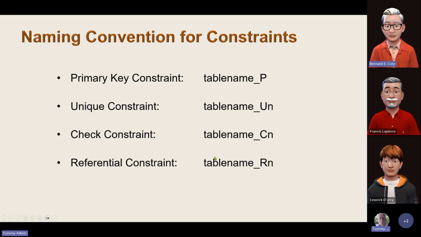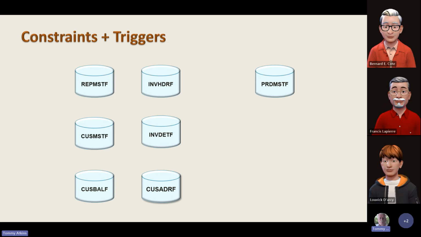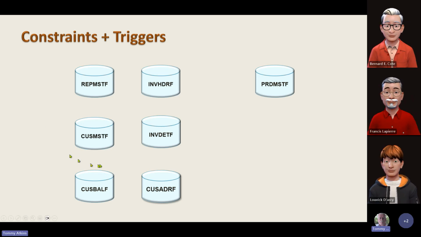Okay, so now just to tie this whole thing together, let's look at a little database that I have put together. It's not a difficult database. It has a customer master file. It has a representative master file. This is more or less an ERP system. It has a customer balances file and a customer address file.